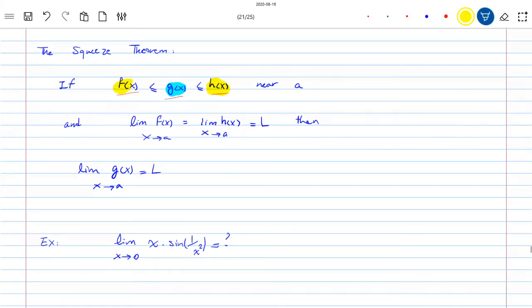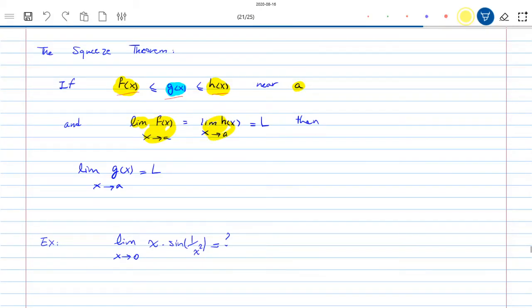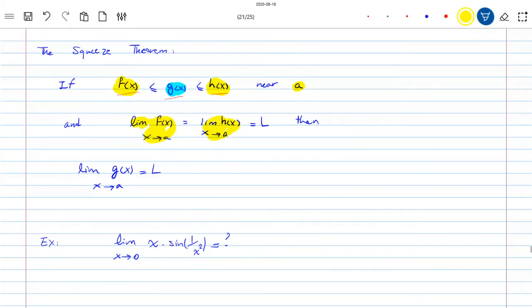So if you have h and f smaller and larger than g in a section of the curve that we care about near a, then what can we say about the limit? If you know the limit of f as well as the limit of h, and you know that they are equal to each other, with some value L, you can think about it this way.